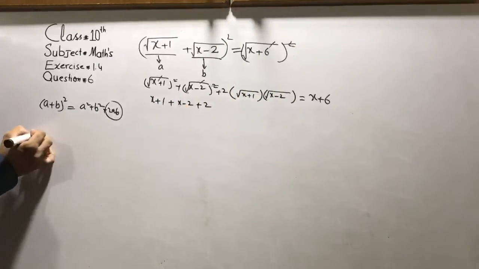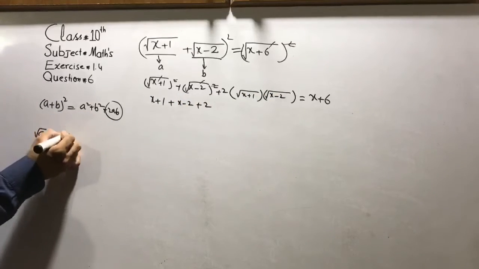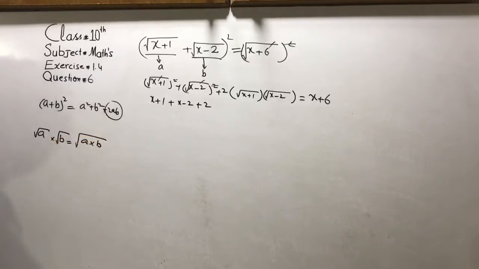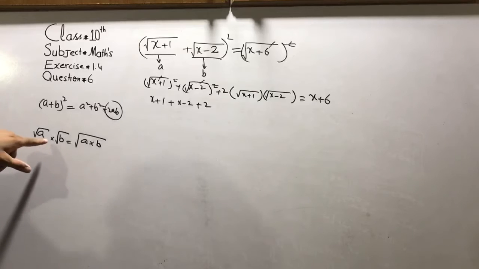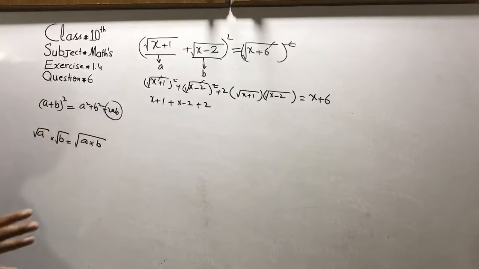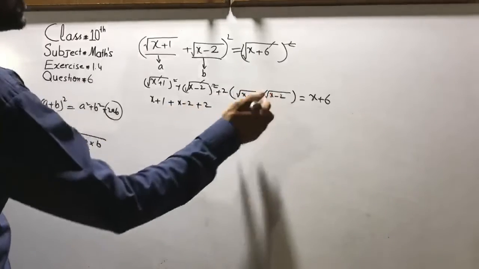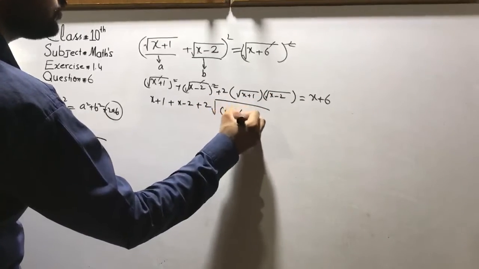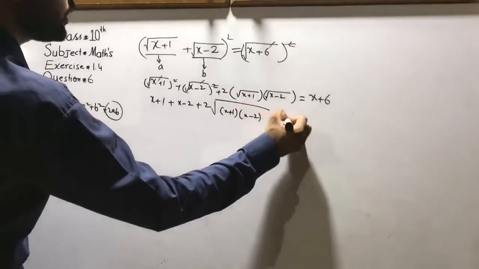Root a multiplied by root b can be written in a single square root if and only if there is a multiply symbol between the two terms. Otherwise, if there is a plus, we cannot write them in a single term. So here two terms are multiplying, we can write them in a single square root. We get root of x plus 1 into x minus 2, equal to x plus 6.